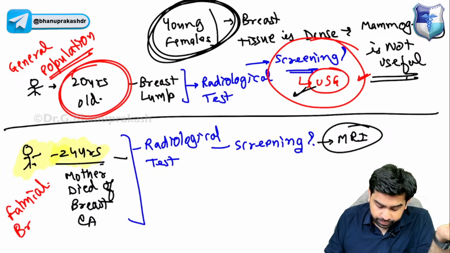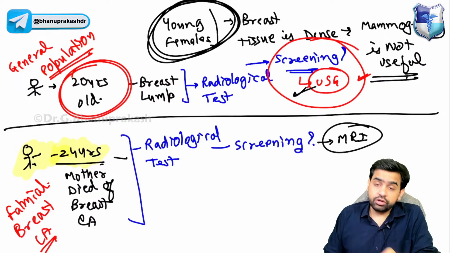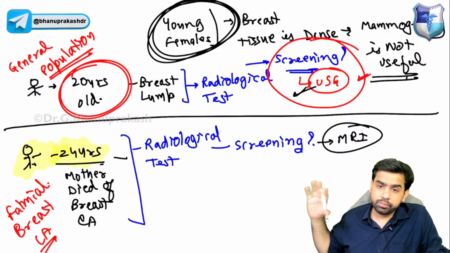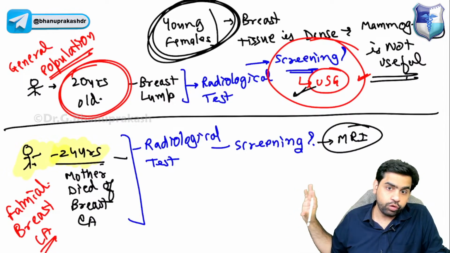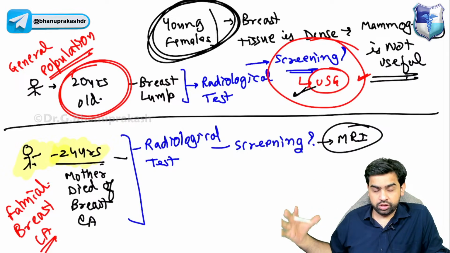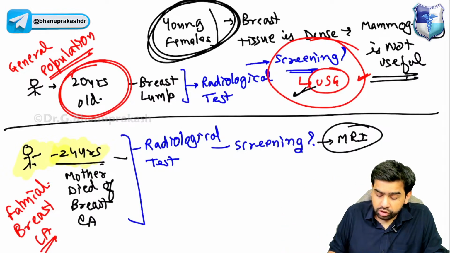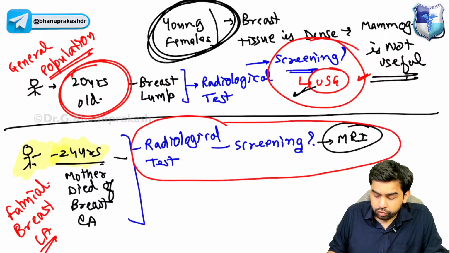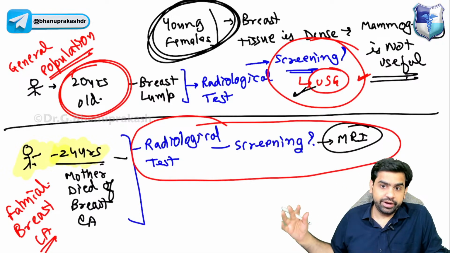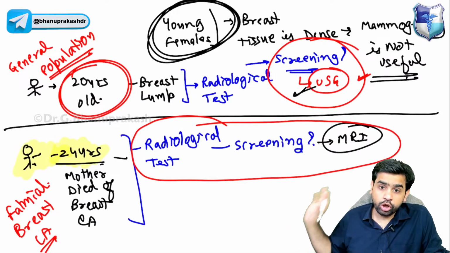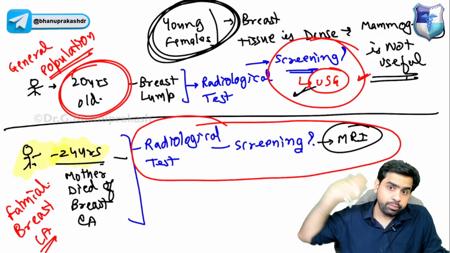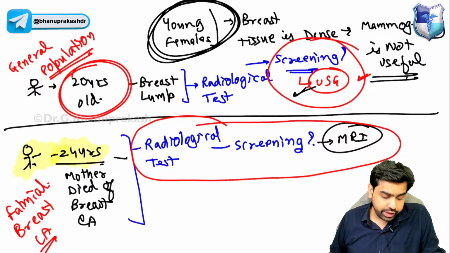This is not the general population; here there is a history of breast cancer. So this female is under the category of familial breast cancer. In patients with a history of familial breast cancer, the radiological investigation of choice for screening is an MRI. In the general population it was an ultrasound. I hope you have understood this very important concept.